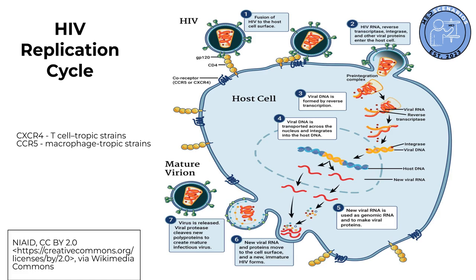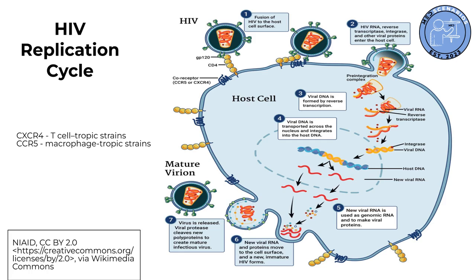After HIV binds to the cell, the HIV viral RNA enters the cell along with the different enzymes and proteins. Upon entry, the reverse transcriptase enzyme acts on the viral RNA and duplicates it into viral DNA. From there, the integrase protein helps the viral DNA to enter into the nucleus and integrate into the host cell DNA.